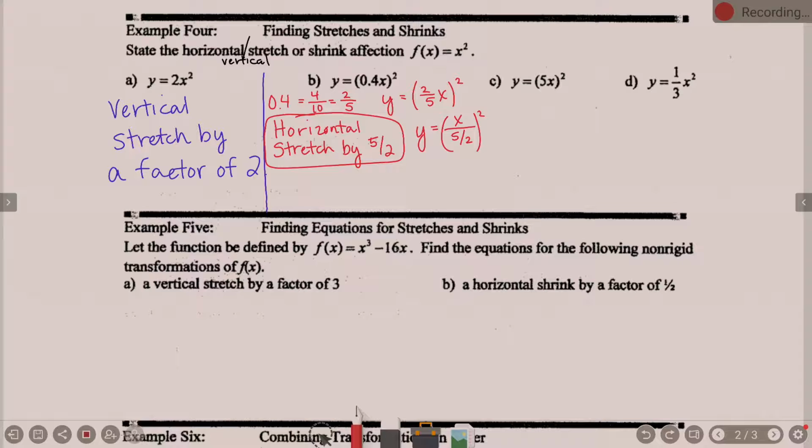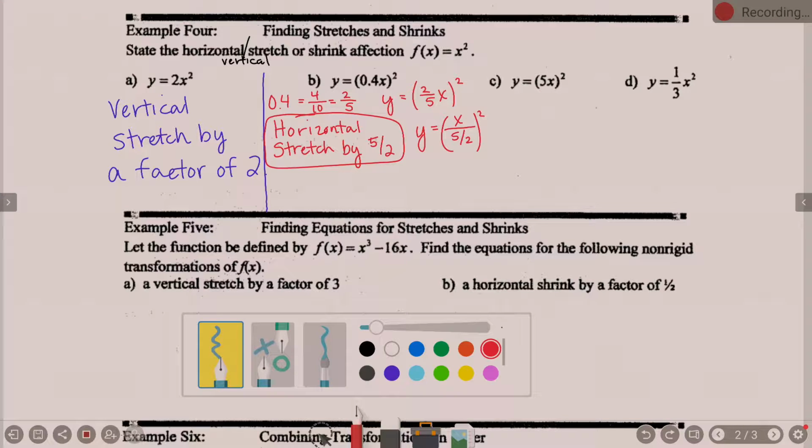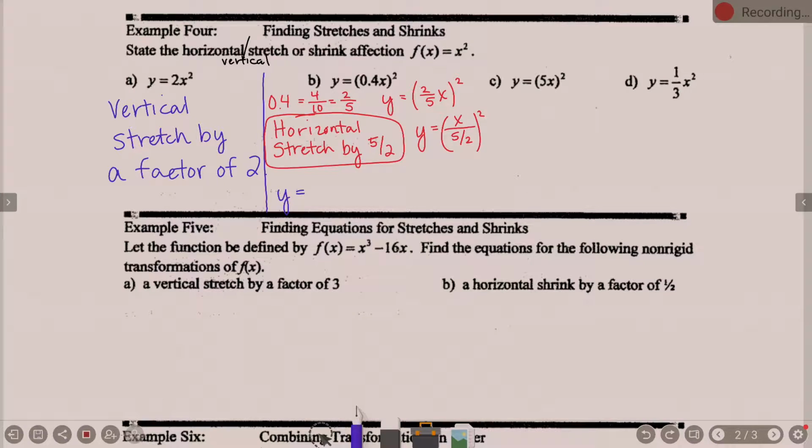Does anyone see a different way we could have gone with this problem that would lead us more towards a vertical answer? Take that original equation and rewrite it.